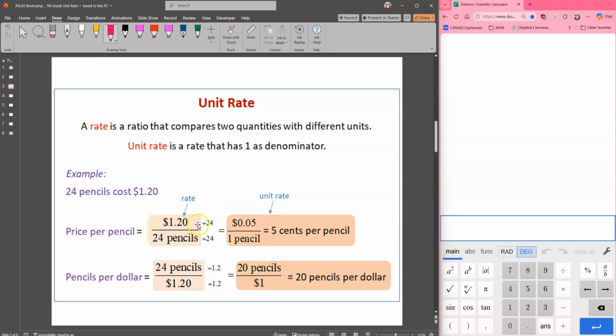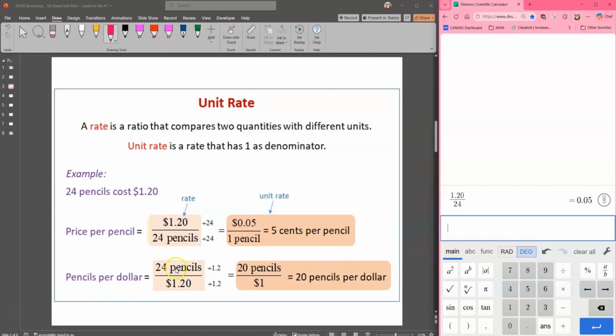So I'm also going to divide 1.20 by 24, never in my head. And if I do it in my head, I'm still going to check on my calculator. It is 0.05. So 0.05 per 1 pencil. That's 5 cents per pencil.